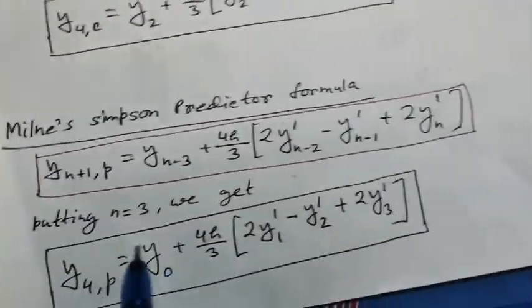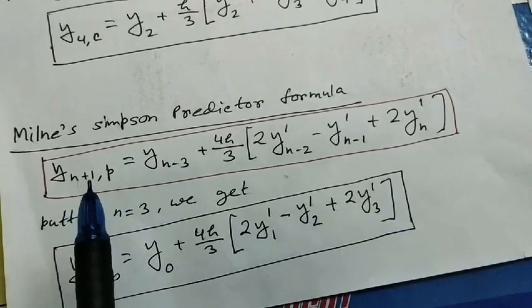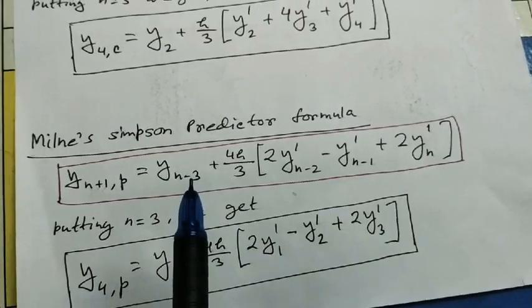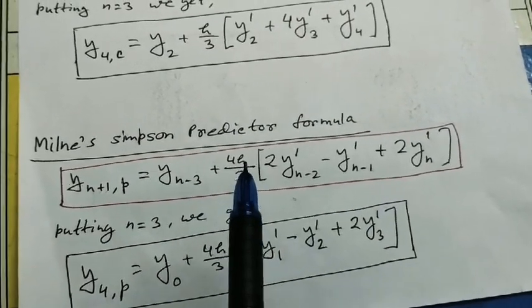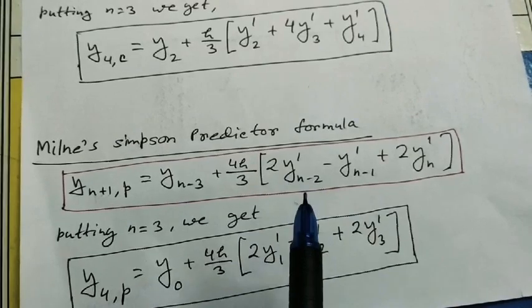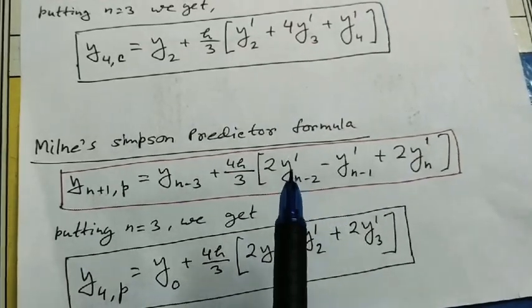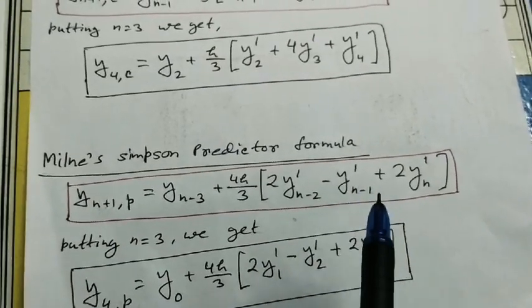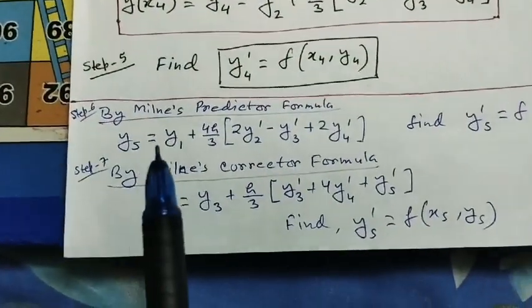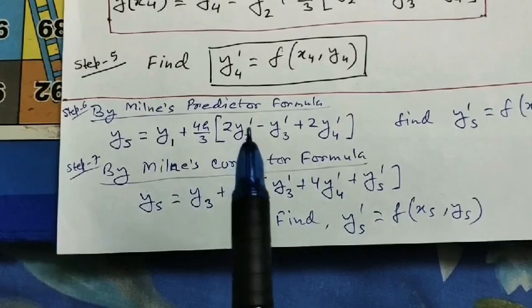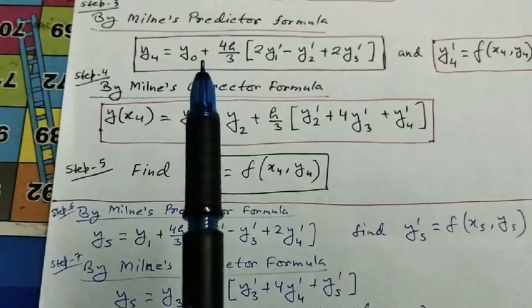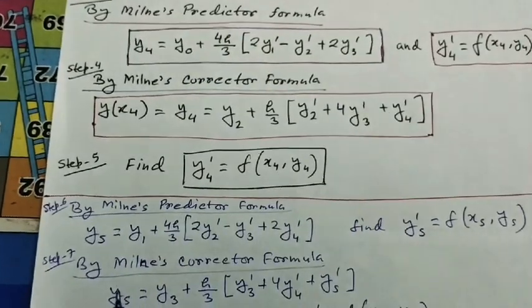Just put n equals 4, so it becomes y5p equals y1 plus 4h by 3 into 2y2 dash minus y3 dash plus 2y4 dash. Just increase the value of n here and you will get this formula.